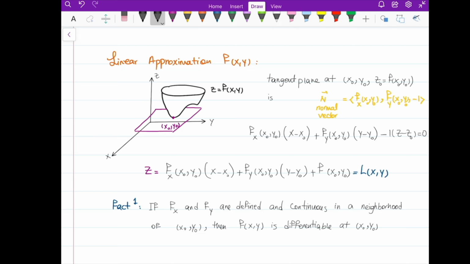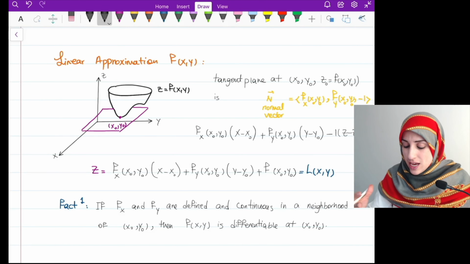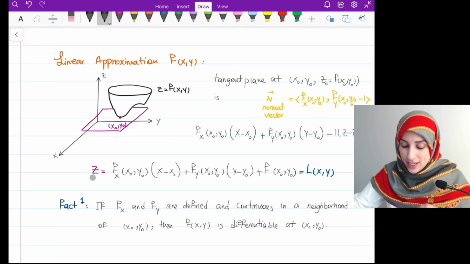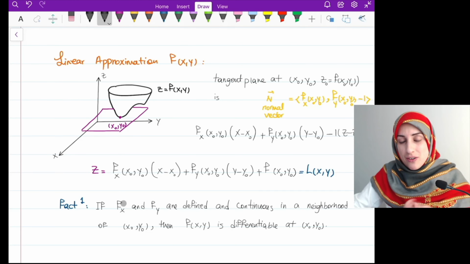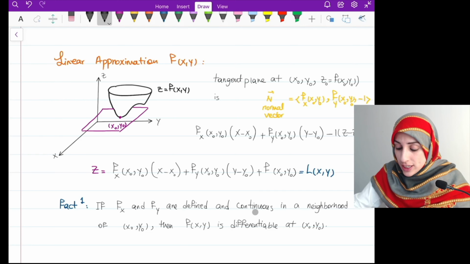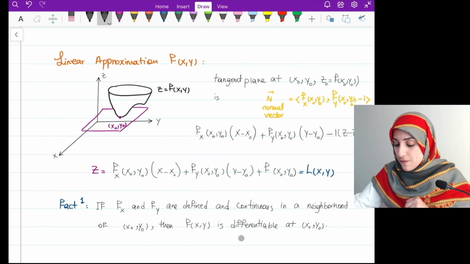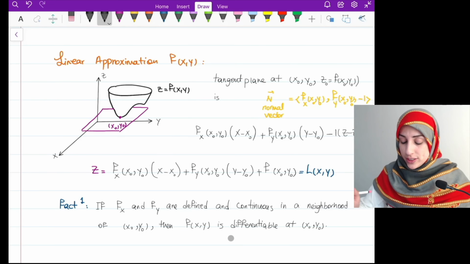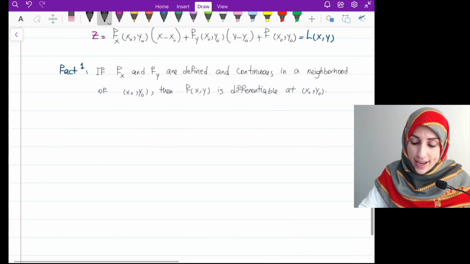Do you remember the definition of differentiability in one variable calculus? It's the same thing, but we have partial derivatives now. We say that if the partial derivatives with respect to x and with respect to y exist, are defined, and are continuous in the neighborhood of the given point, then the function is differentiable at that point. Okay, this is fact one.